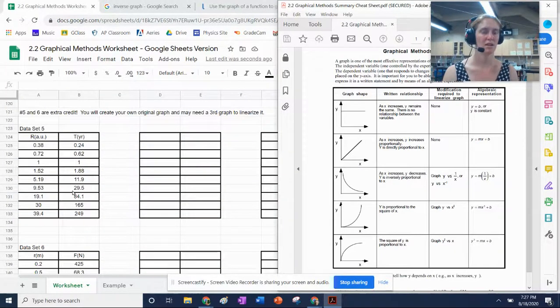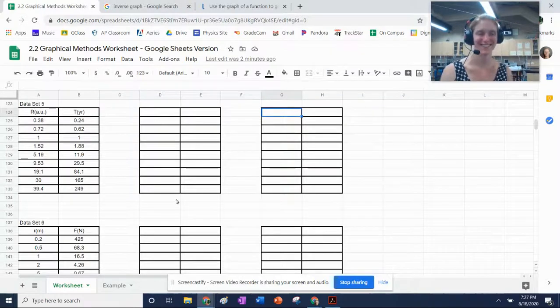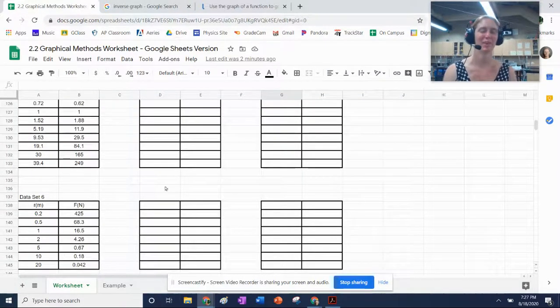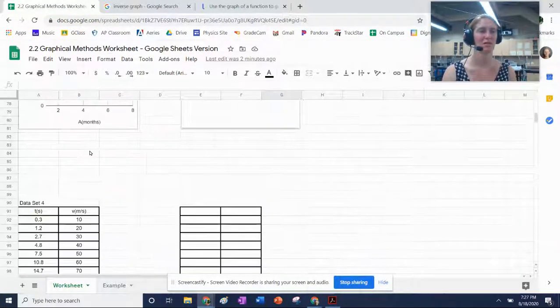Number 5 and 6 down here, you are going to have to create your own graphs, and it's still going to be a different kind of curve. So then you'll do something else, and it may still be curvy. These ones are tricky, and they are extra credit for a reason. Good luck with them. Hopefully it'll work a little bit better if you're using Google Sheets versus if you're doing it on graph paper. And let me know if you have any questions or problems.